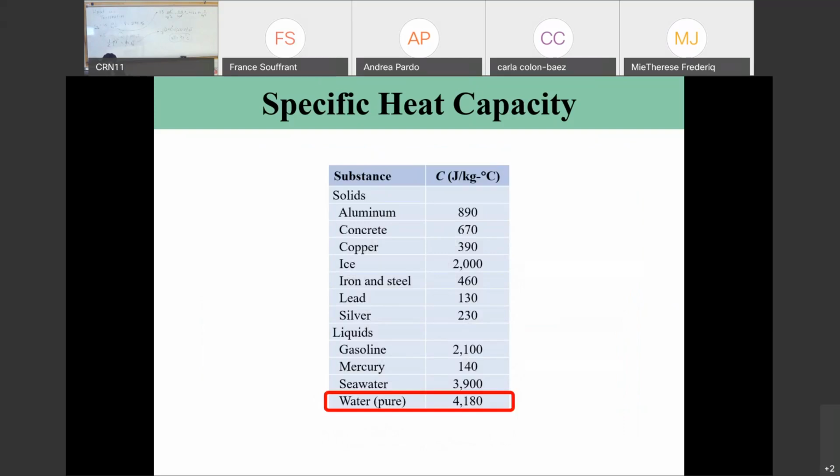I have already discussed the fact that water has a very high specific heat. That means that water can absorb or release large amounts of internal energy, and then it won't cause a huge change in its temperature, right?